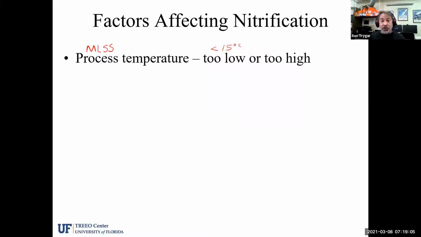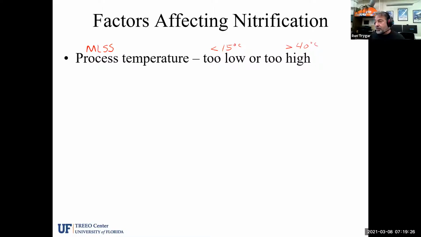It just takes longer and more bacteria to make it work. And then if the temperature is above, I think it's somewhere around 40 degrees C, we end up destroying some of these bacteria as well. So we don't want the wastewater temperature to be too hot, obviously. And that's not usually the problem unless you're an industrial plant.